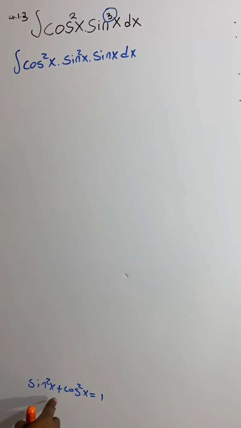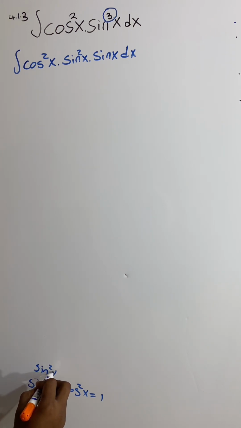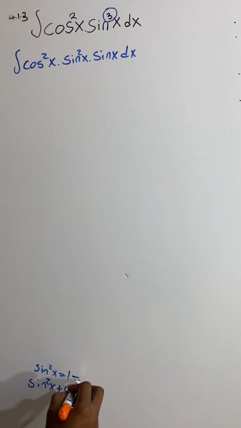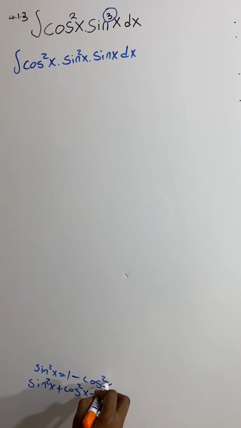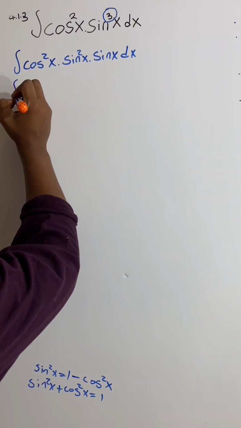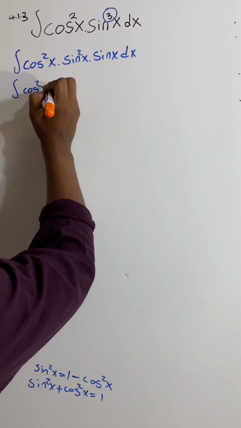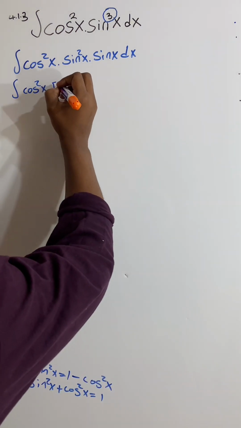When we make sin squared x the subject of the formula, by taking the cos squared x to the right, it changes sign into negative cos squared x. So in the place of sin squared x, we will substitute 1 minus cos squared x.